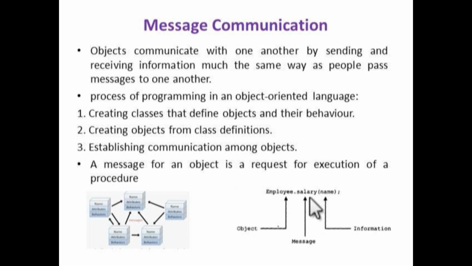So this is the message, and this is the information we are passing to the method salary. Likewise we can call any method of a class. Whenever we make this procedure call, the messages are communicated between the classes. In this way we can communicate between many objects.